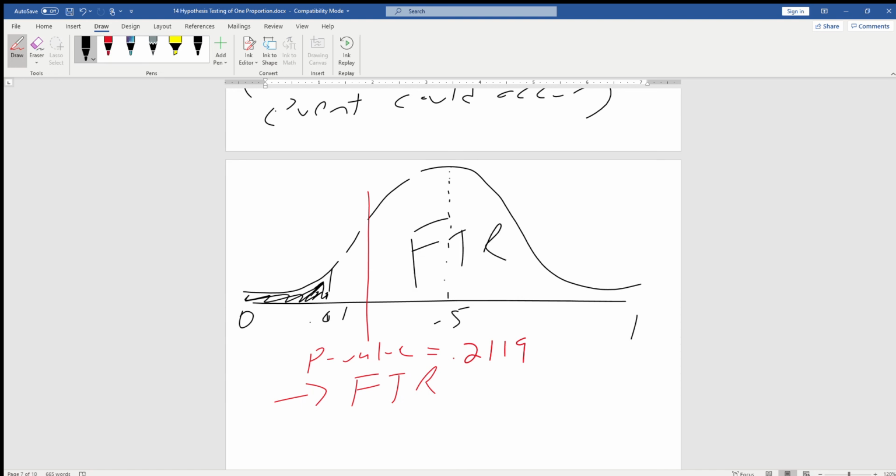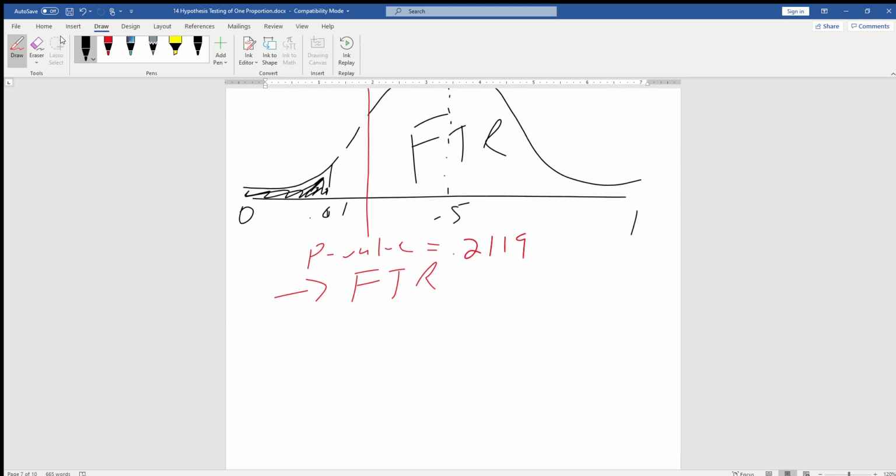If it was less than 0.01, it would fall into the reject region. In other words, if the probability was less than 1%, then there would be enough evidence. However, because the p-value falls in the fail to reject region, there's not enough evidence to reject the null hypothesis.